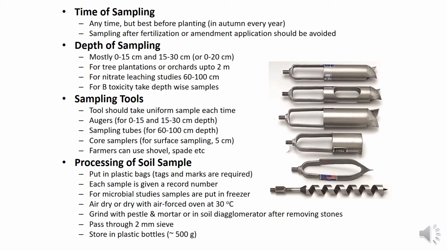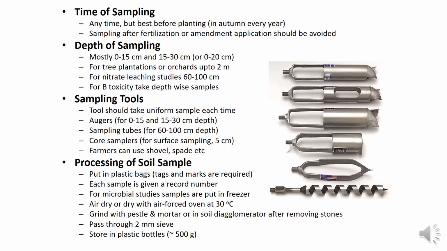The sampling tools: there are different tools available with different purposes. Samples can be collected through an auger. If you want to take samples at 0 to 15 or 30 centimeter depth, then augers can be used.